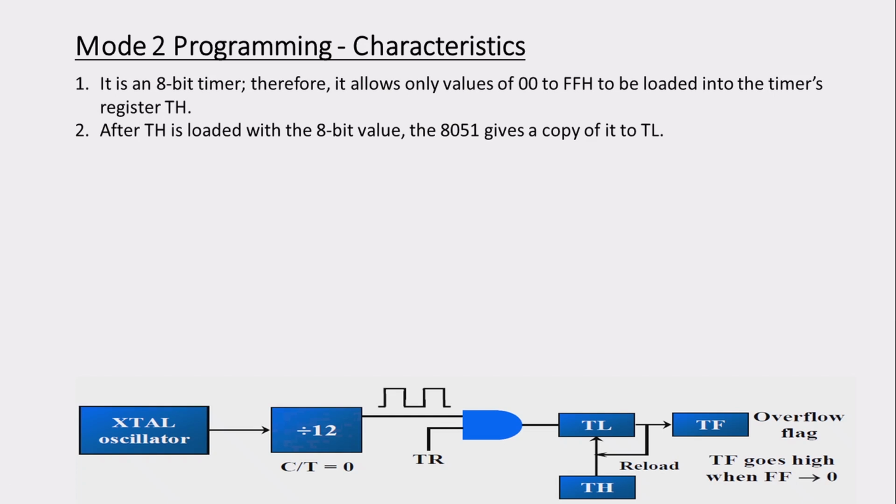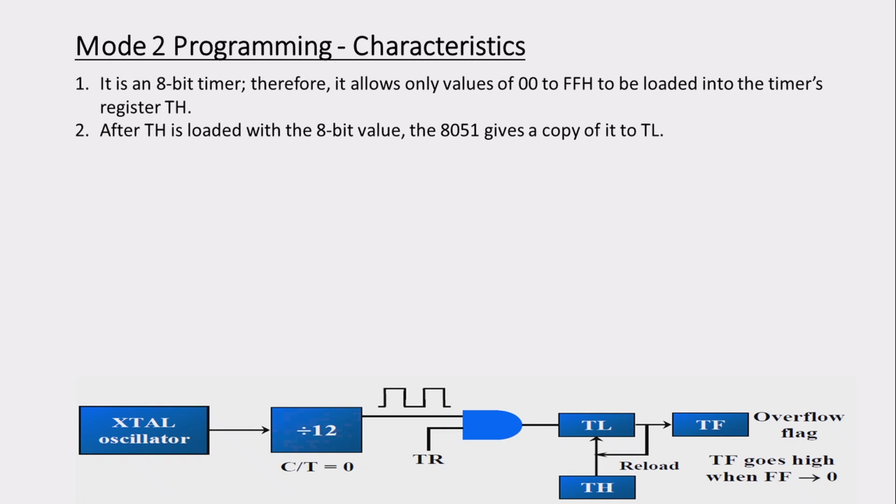The value which has been loaded into the TH register, the 8051 gives a copy of that to the TL register. Once we start the timer, the incrementing part is taken care of by the TL register itself.